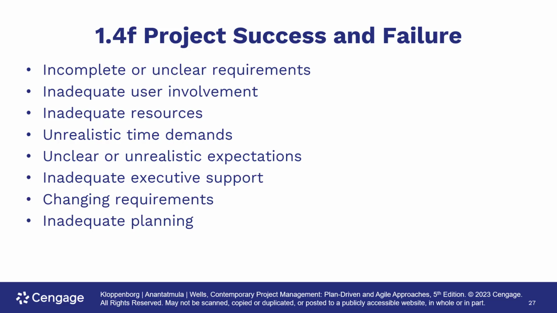Listen, we have to manage these areas well. If we don't manage these areas shown on this particular slide, most likely your project will fail. But if you manage each one of these bullet points well, your project will succeed.